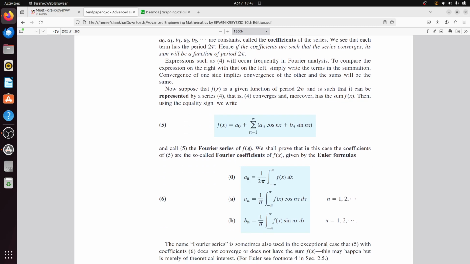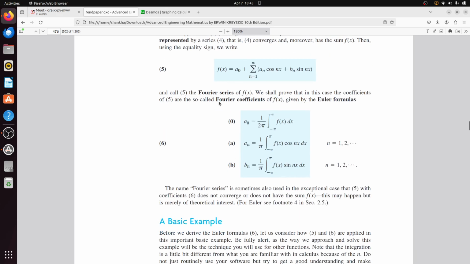We shall prove that in this case the coefficients of 5 are the so-called Fourier coefficients, and that they are given by the Euler formulas.